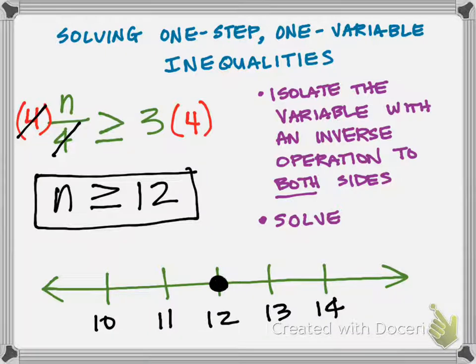So we're going to represent that with a completely colored dot at the number 12, and this says it can also be anything greater, so it can be equal to 12 or it can be greater than 12, which would be everything else in that direction.